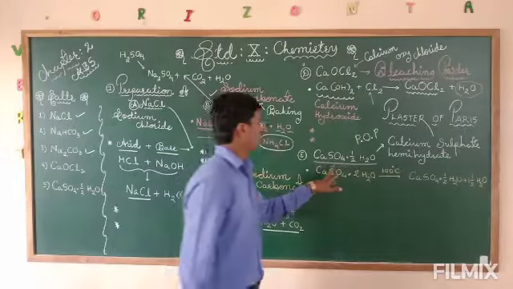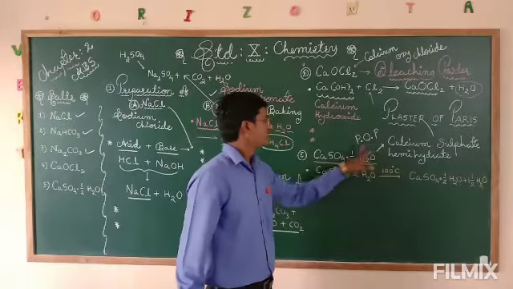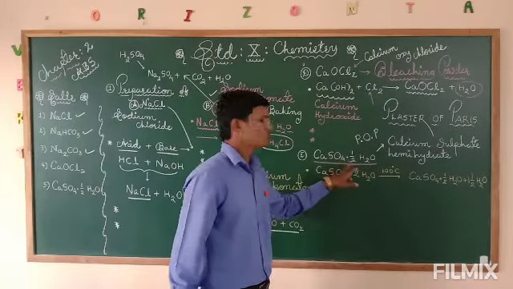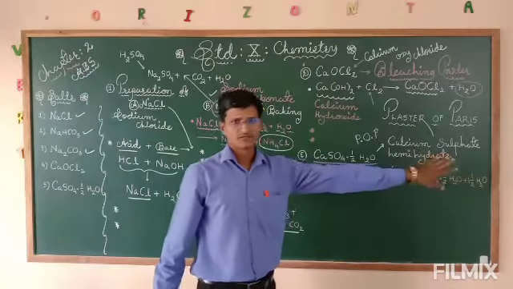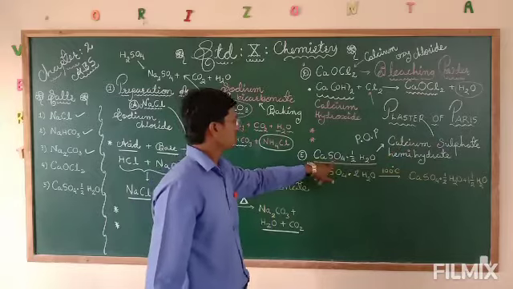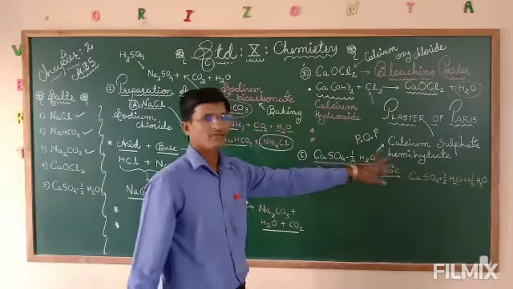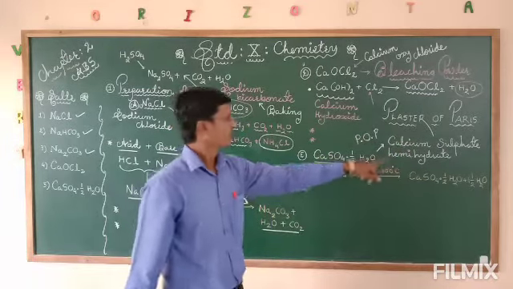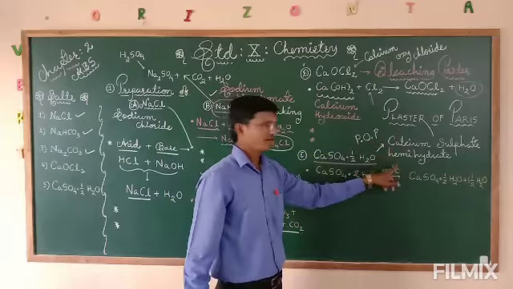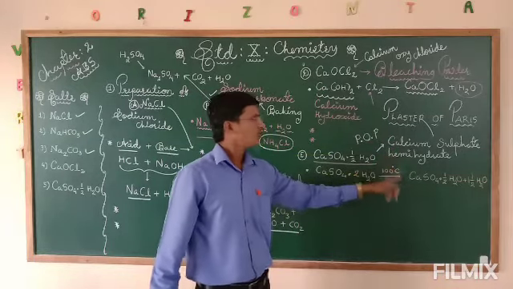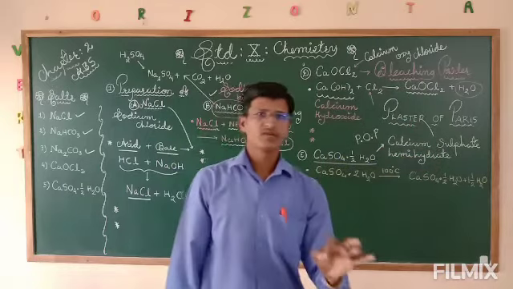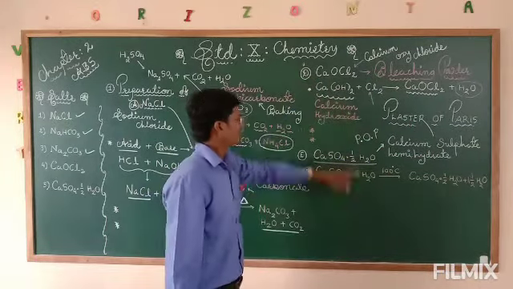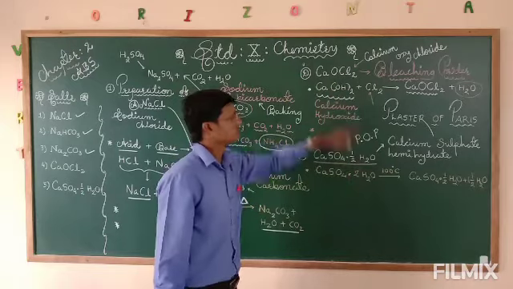So this is the chemical name of CaSO4 into half H2O, that is POP and plaster of Paris. So remember my dear students, in the exam it can be asked what is the chemical formula of calcium sulfate hemihydrate or POP or plaster of Paris, and frequently, each and every year, they are asking.